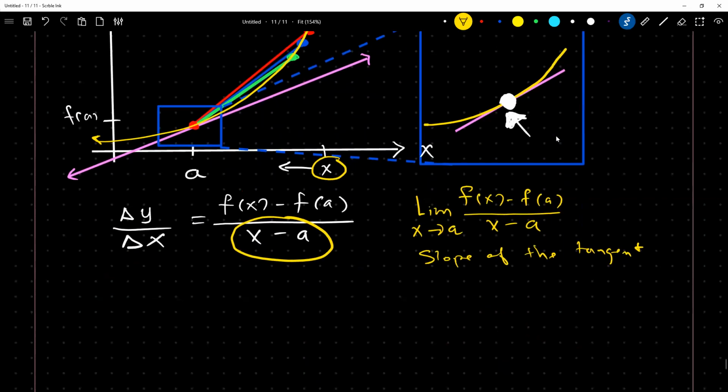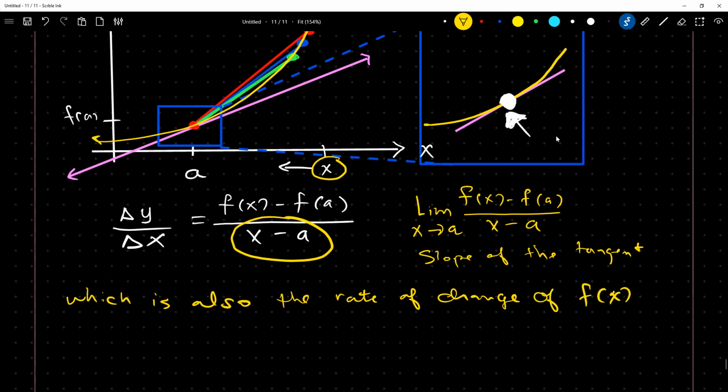So it's also the slope of f of x, which we'll call the rate of change. If we say rate of change, we can say slope, we can say gradient, all interchangeable, which is also the rate of change of our function f of x at A, at that point where x is equal to A. So at this point right here.